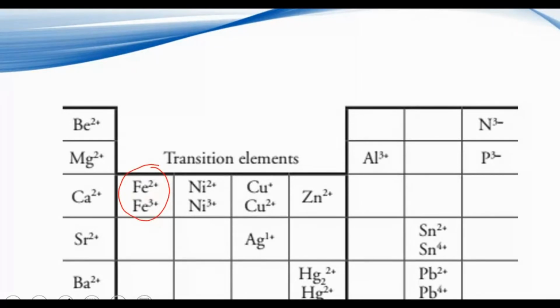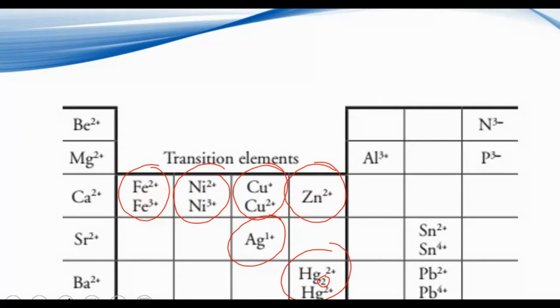We're going to label iron 2+ and 3+, nickel 2+ and 3+, copper 1+ and 2+, zinc specifically 2+, silver also 1+, and mercury 2+. You may be thinking, well, they both say 2+. Yes, but one of them has the subscript of 2, so make sure you note that.